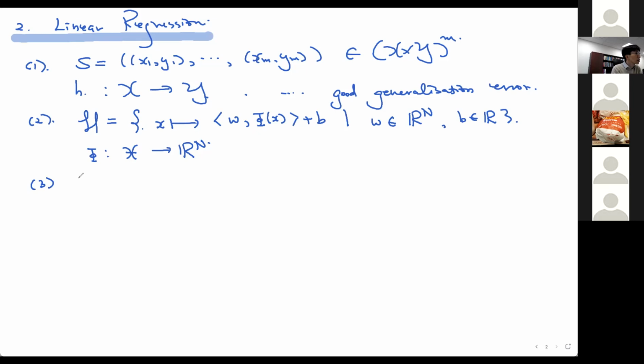To do so, linear regression solves the following optimization problem. For linear regression, the input is S that I talked about. Once you give an input S, it solves the following optimization problem.